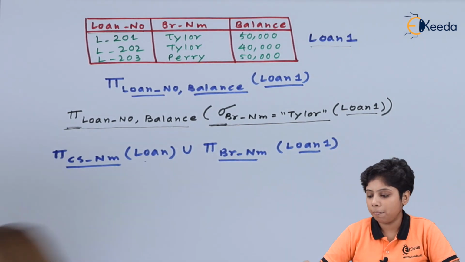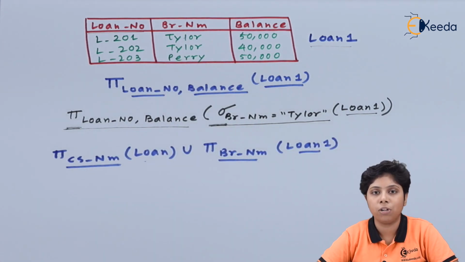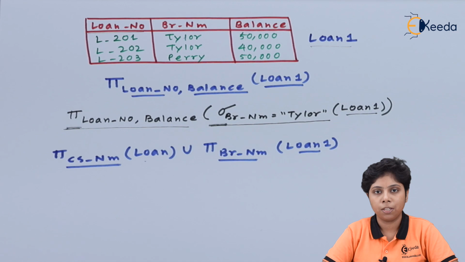So here we can match the branch name of loan 1 with the branch name of the loan relation. Other than that, there will be a problem because it will not be logical enough to have that result. So we can join this using a union operation of the projection of branch name with the projection of the branch name in loan 1.